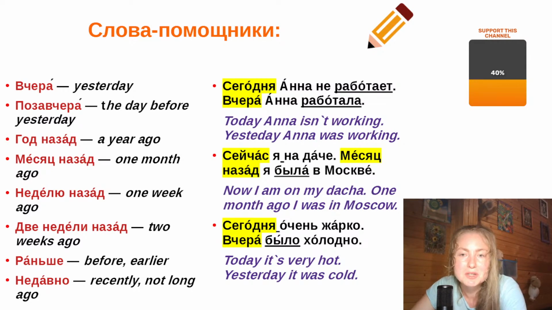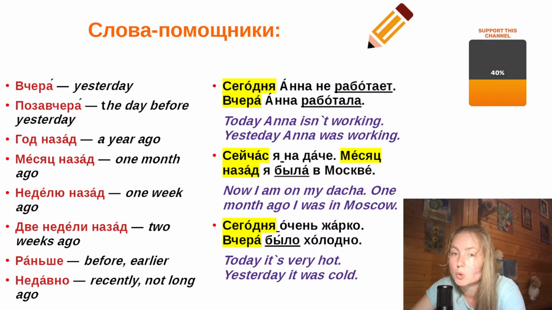A very interesting moment about pronunciation. In the words год and назад at the end, of course, we write the letter «д». The letter «д» is a voiced consonant in Russian, but at the end of the word it becomes voiceless, so we pronounce it like «т», because it has a weak position.